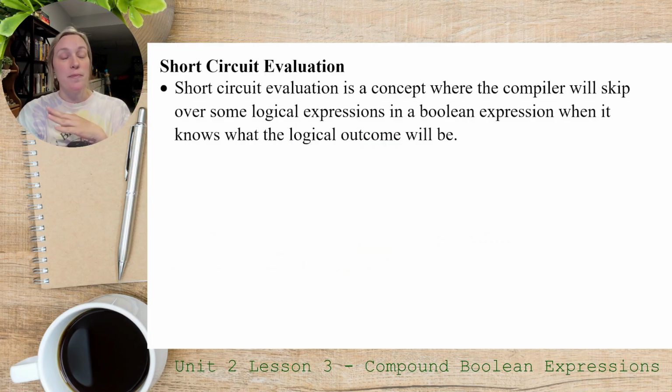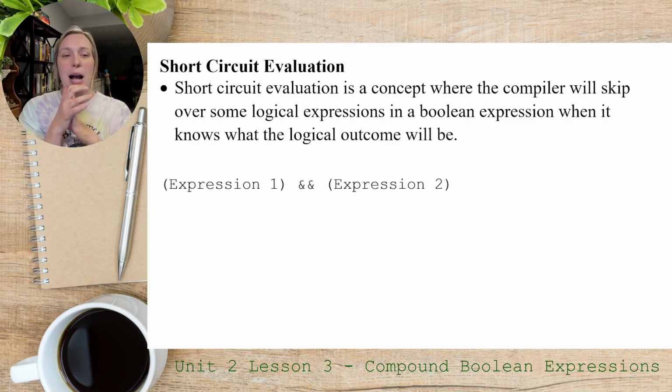Now let's shift gears. Now that we've evaluated expressions, we've learned about Boolean operators, we've learned about truth tables, let's talk short circuit evaluation. Short circuit evaluation is a concept where the compiler will actually skip logical expressions in a Boolean when it knows what the logical outcome will be. Some of you have probably already seen this, especially if you're familiar with Boolean operators. Let's say I have two expressions that I'm comparing with an and statement.